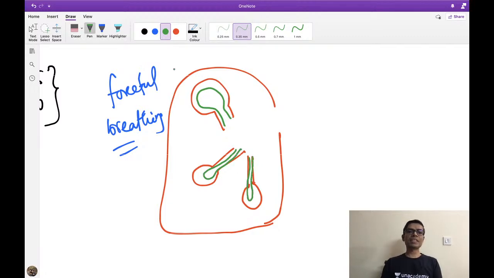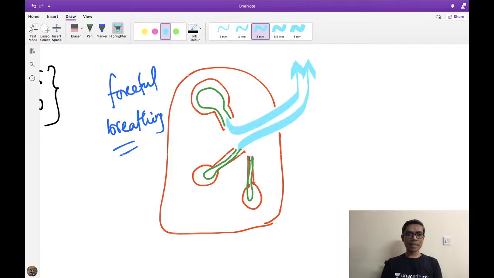And because of the reduction of the alveolar size, the air present in the apical alveoli is going out, the middle part of the alveoli is also going out, and the basal alveoli is also going out.